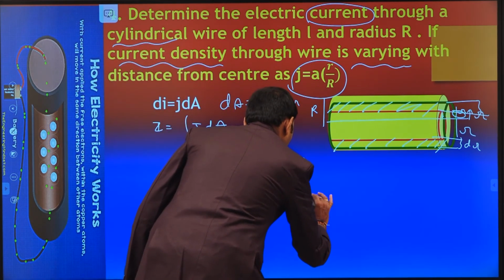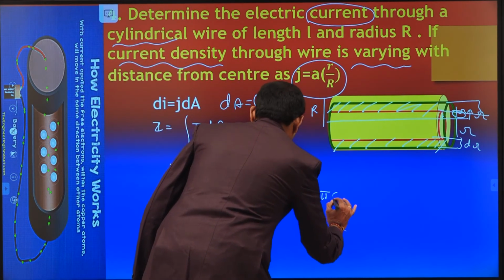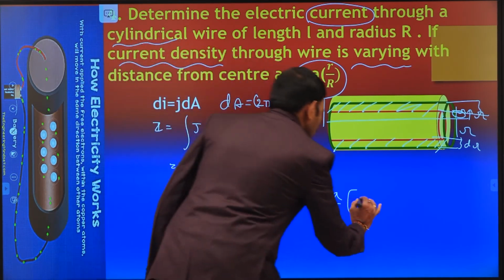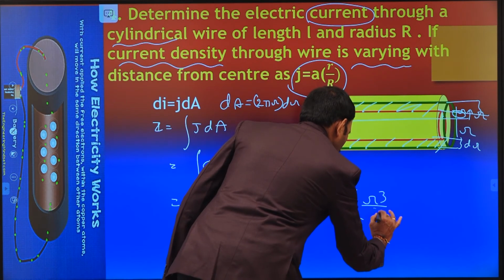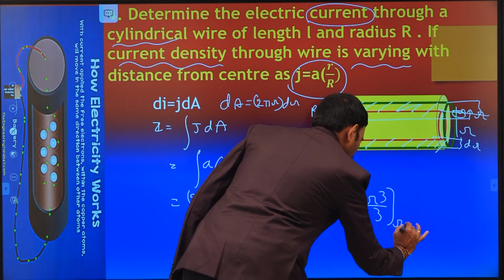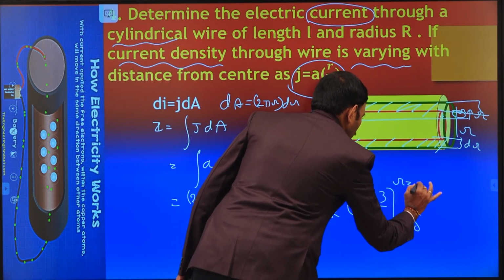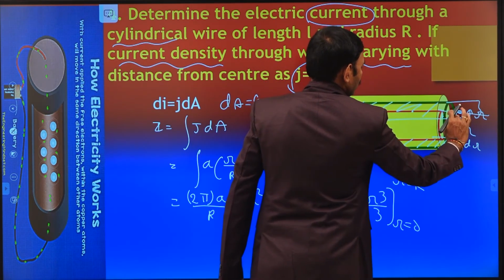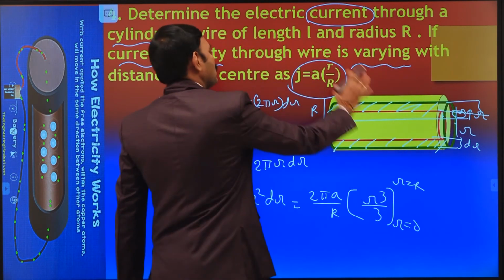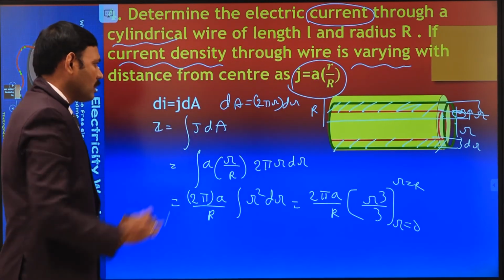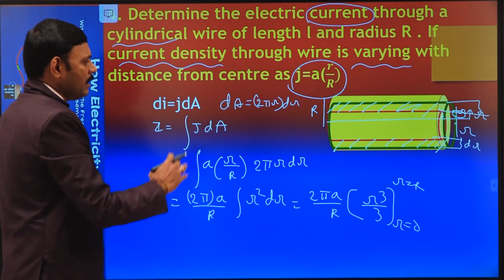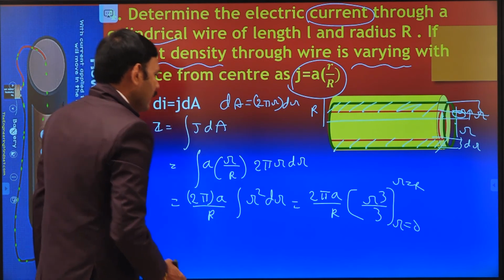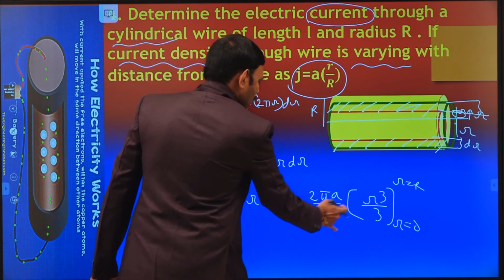So this is equal to 2 pi A divided by capital R into r power 3 divided by 3, where r is varying from 0 to capital R. Here we consider one element of small radius r, but this is extended from 0 to capital R to cover the total cylinder, which is in yellow color. To cover the total cylinder, we have to take the limits from 0 to capital R.